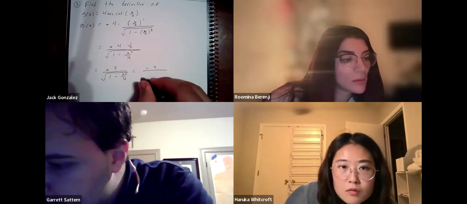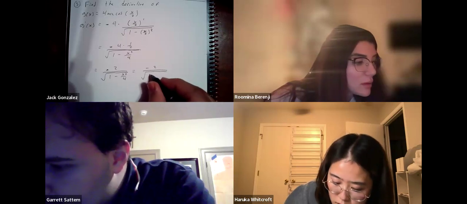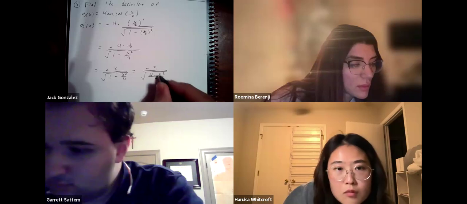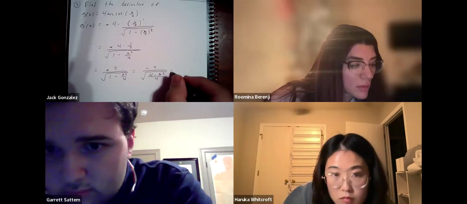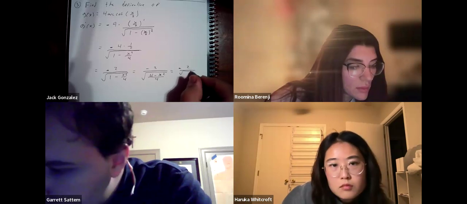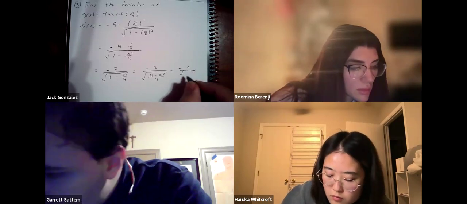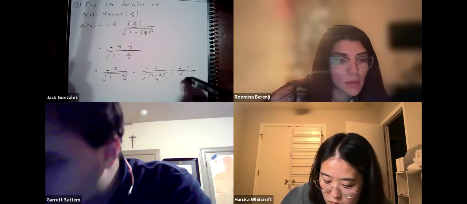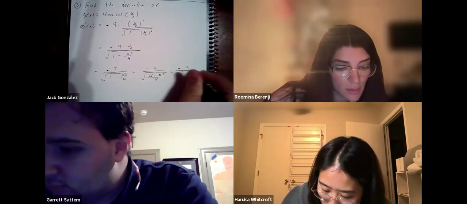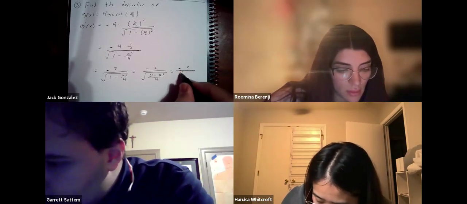Just because it bothers me. This would be the same as 4 minus x squared over 4. Square root of 4, that'll come out as a square root. That 4 will come out as a half, right?